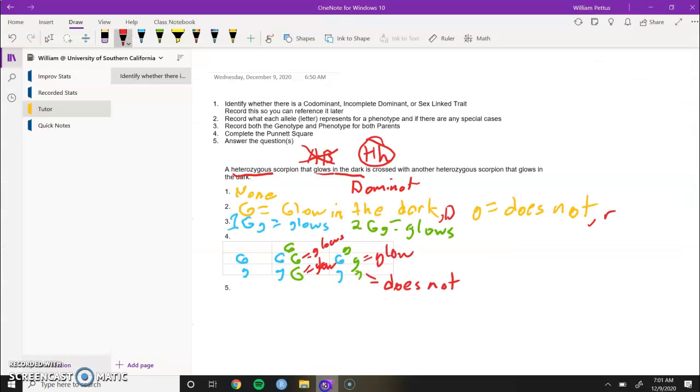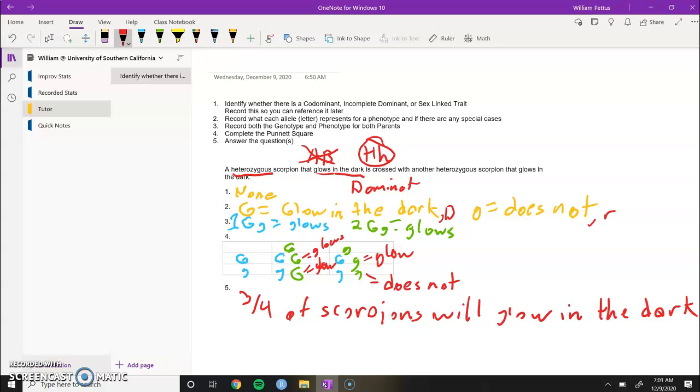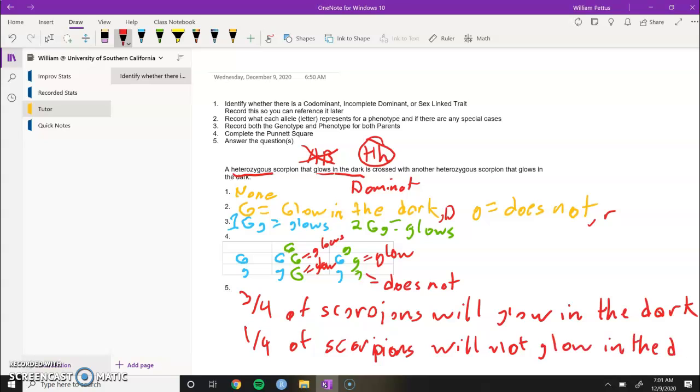In any case, we're going to say that 3/4 of scorpions will glow in the dark, and that 1/4 of scorpions will not glow in the dark.